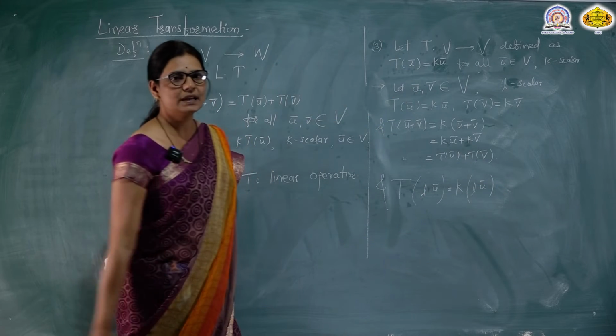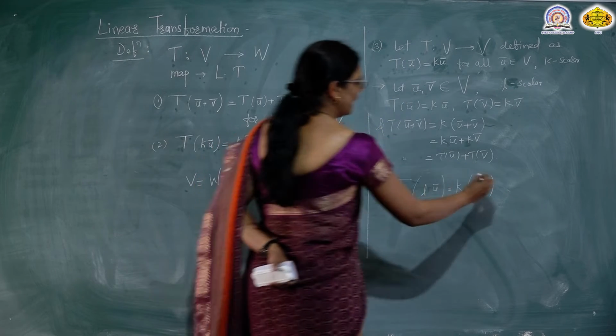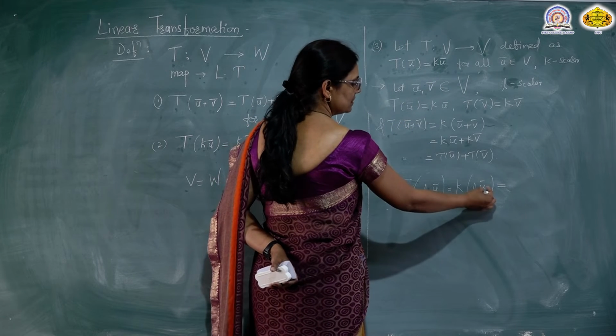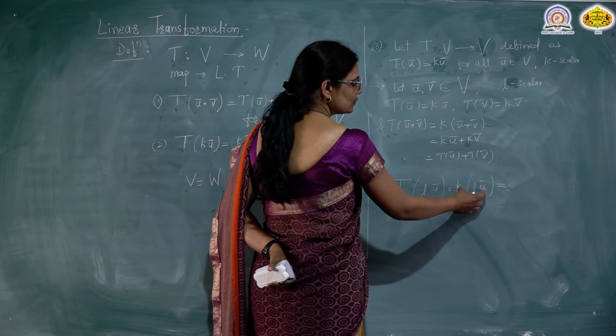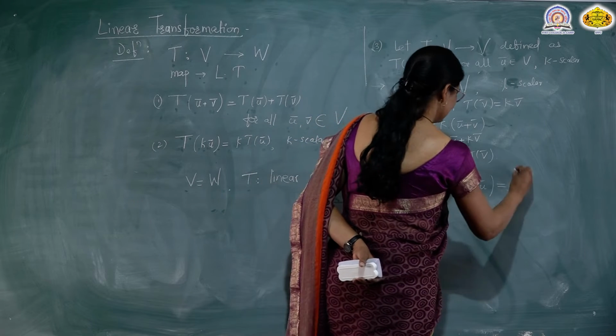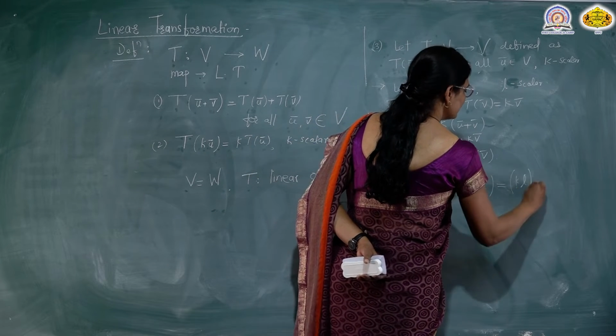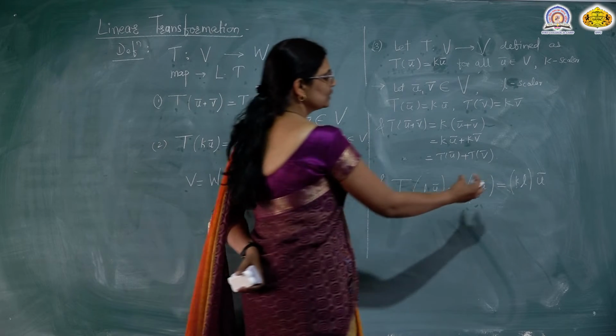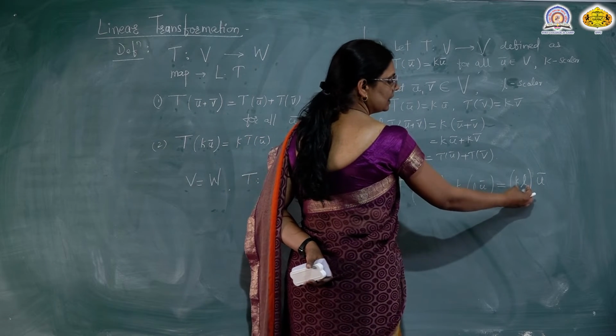This is equal to K times LU bar, and these are two scalars, this is one vector. By one property of vector space, it can be written as KL times U bar. These are two scalars and they are commutative.